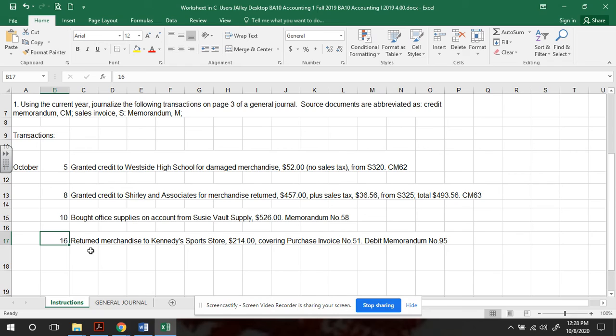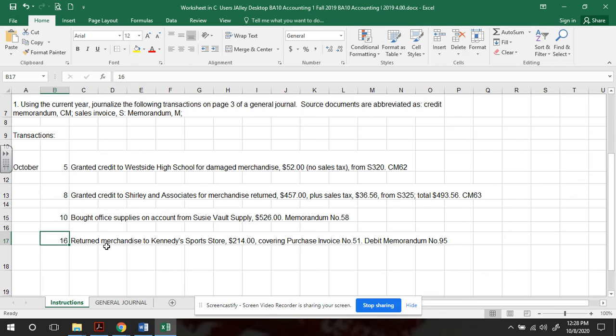On the 16th, we returned merchandise to Kennedy's sports store. All right, so we're going to take it out of what we owe. Right now we have an account payable to Kennedy's sports store. We're going to reverse that and make it look like we made a payment. Okay, I hope that makes sense. So we purchased this.